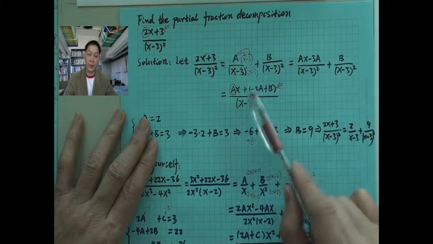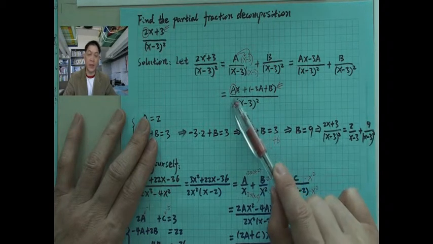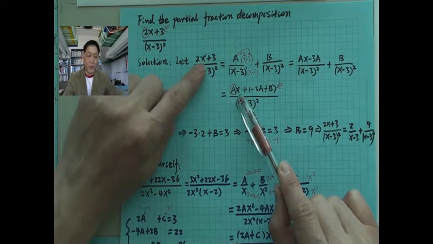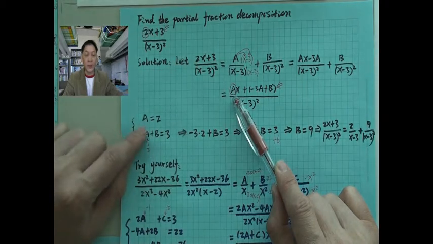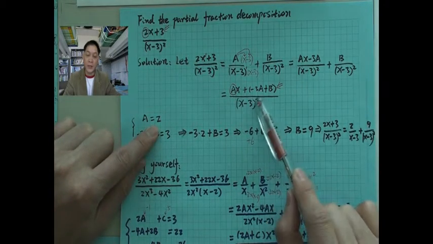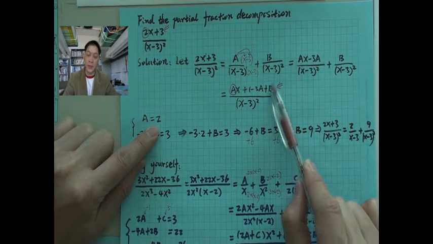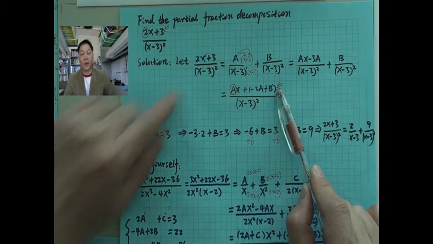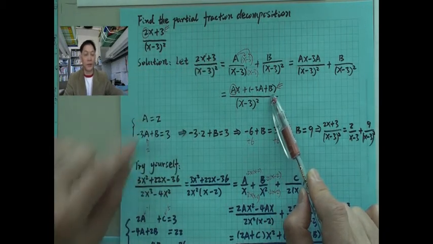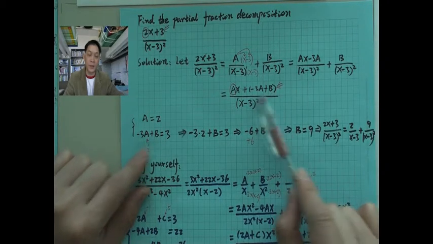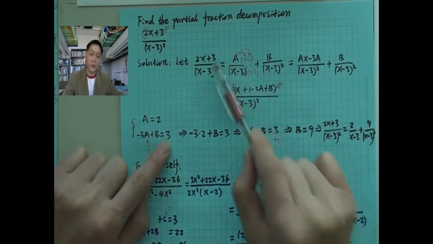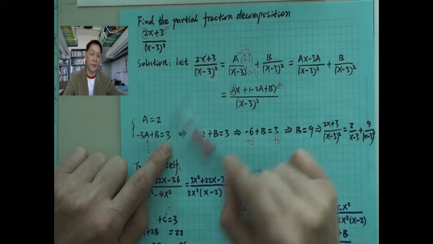Now again, the coefficient of x is a, and here the coefficient of x is 2, so a has to be 2, right here. And negative 3a plus b is a constant part, so then it has to be 3. So then we have negative 3a plus b right here. Has to be 3. Okay.